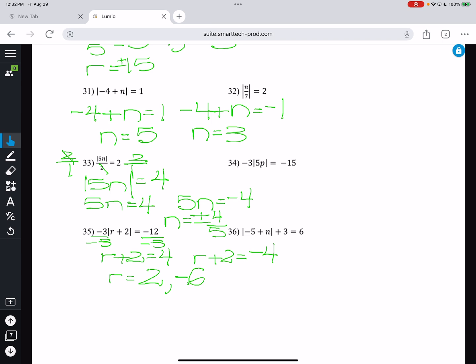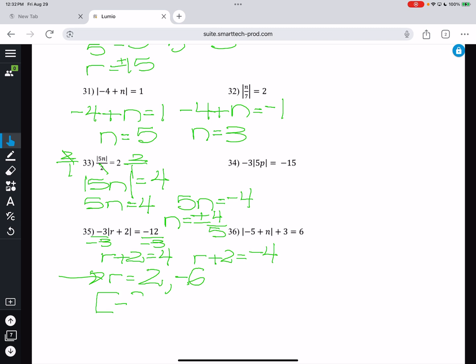So what kind of symbol will we use outside? Brackets, because it is part of the solution. So we would have a bracket, and then what would we have? A negative 6. Oh, wait. Do you do the infinity thing? What is our solution? What'd you get right here for the R? 2 and negative 6. Oh, so you don't need that?